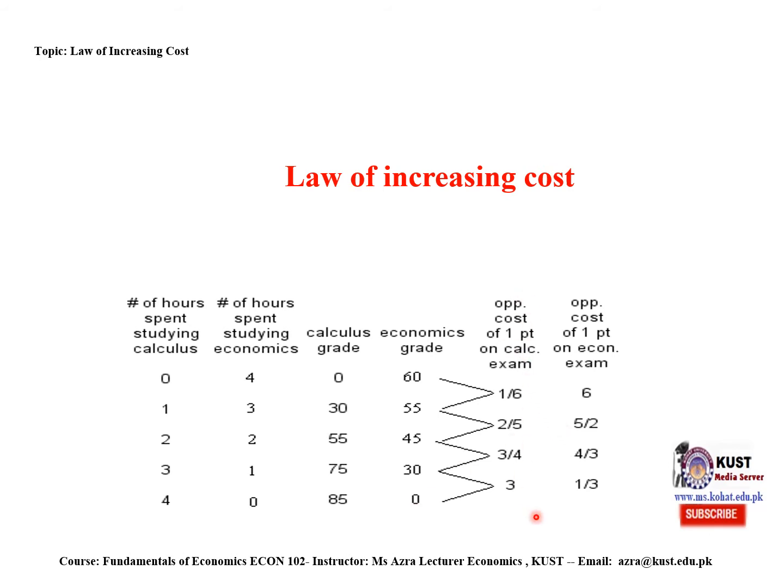This column shows the opportunity cost of the calculus exam and that one shows the opportunity cost of the economics exam. All these calculations are already explained in our previous lecture. This is the extension of that lecture.